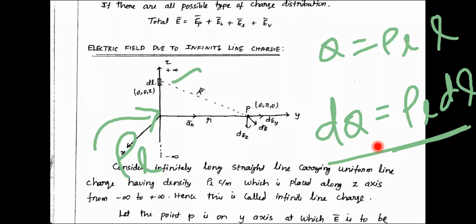Then we try to measure the electric field here due to this small charge. I have taken a small amount of charge from the infinite length of line, that's why this small charge can be considered as a point charge.